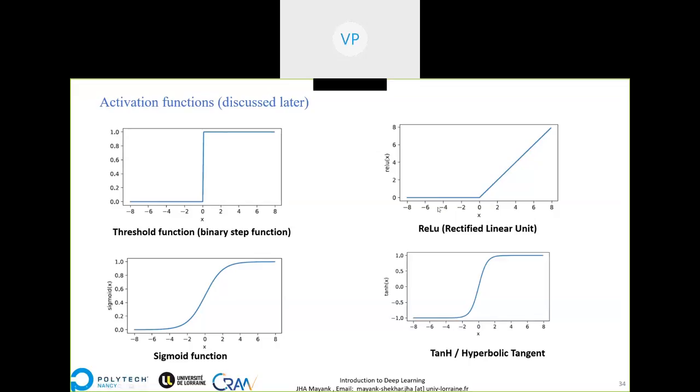So the fourth one is the ReLU function, an activation function which has recently come up and has become very efficient in the deep learning community. We will talk about it more at the end in much detail. Let me just tell you that ReLU is pretty different from sigmoid or tanh.